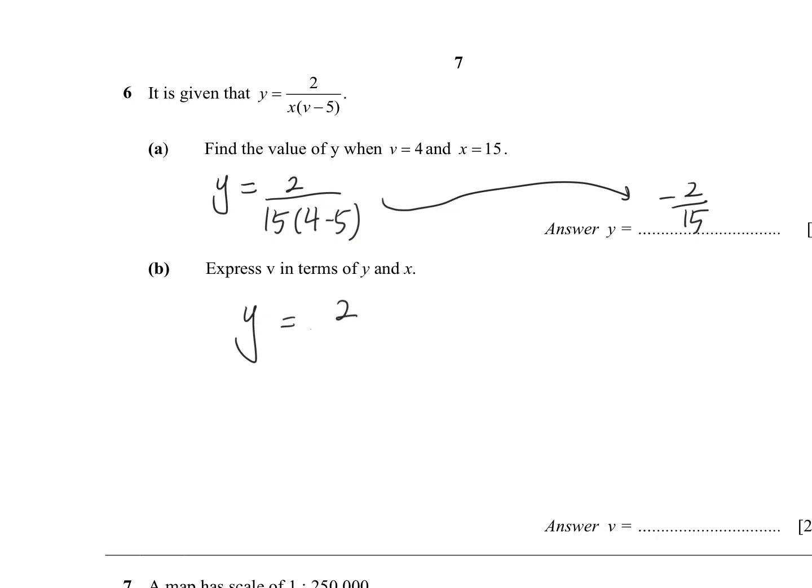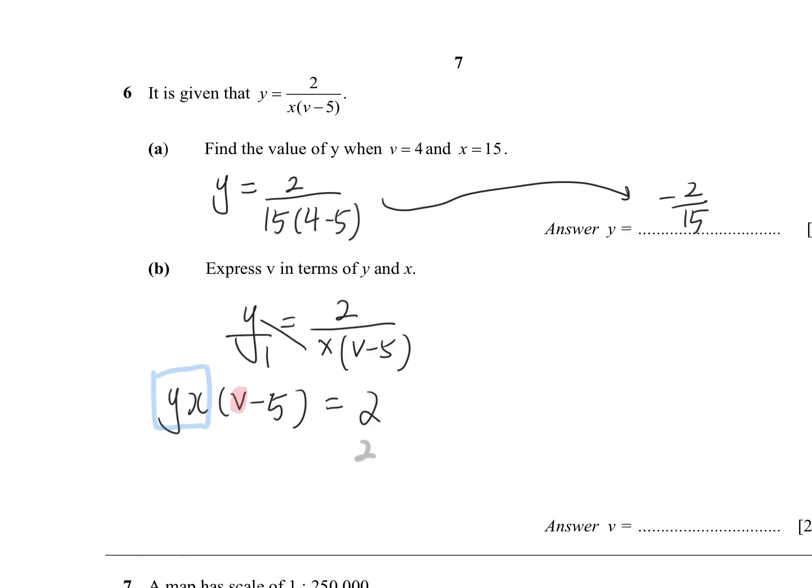Okay, next one. Actually, this one is super easy. Cross multiply. So you cross multiply, everything is here, right? Remember your spotlight is only on V. So everything that doesn't have V, shift over. So I will shift this over first. Then left with V minus 5.